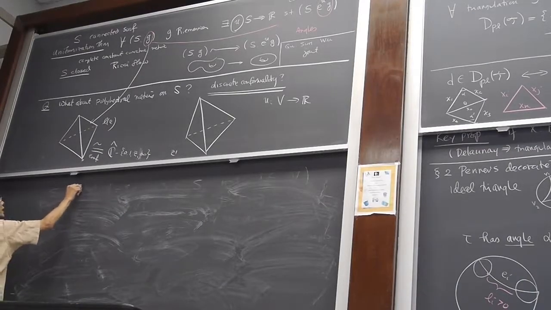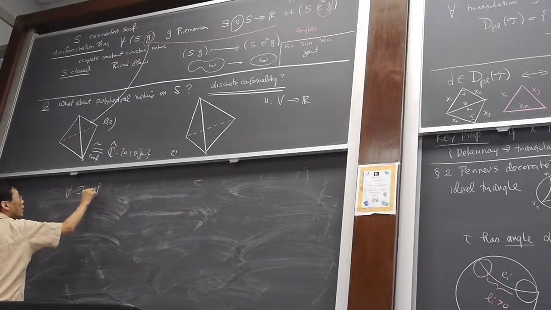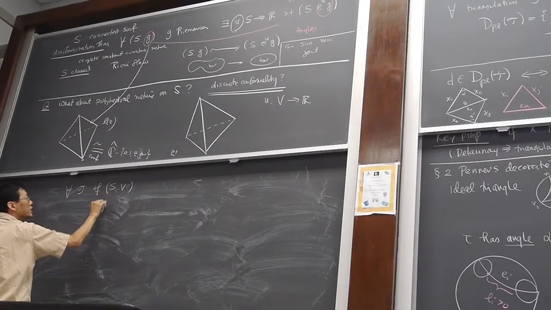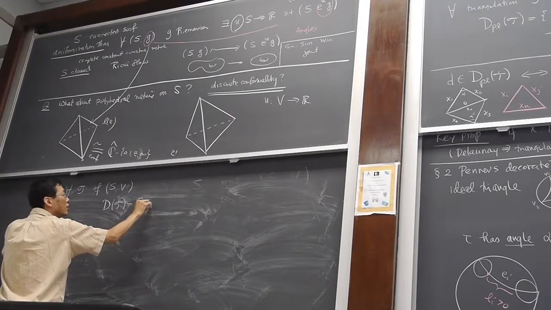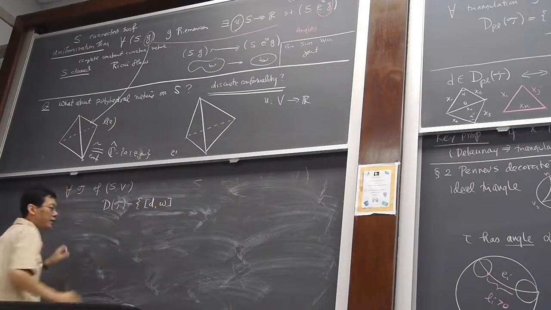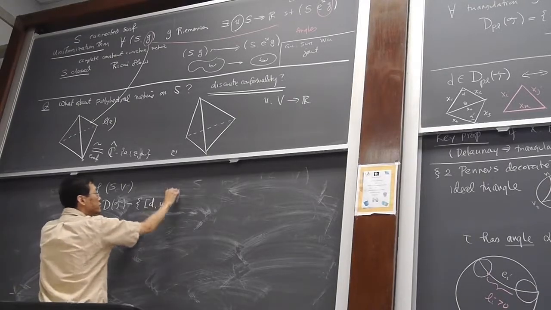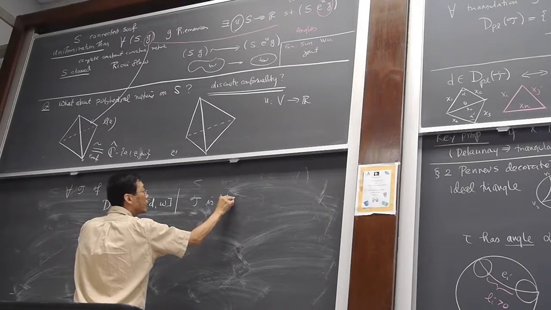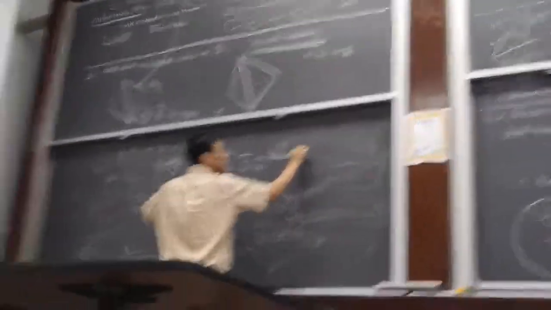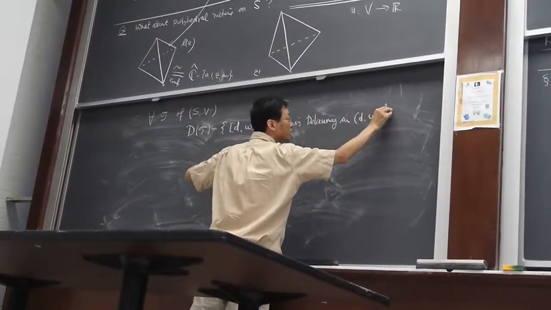So let's fix the ideal triangulation of the marked surface. Let's define D_T to be the set of all decorated hyperbolic metrics so that T is given in this decorated space.